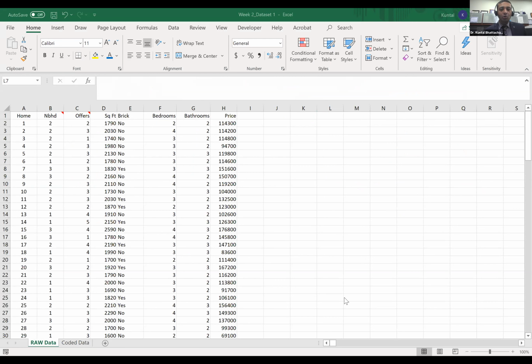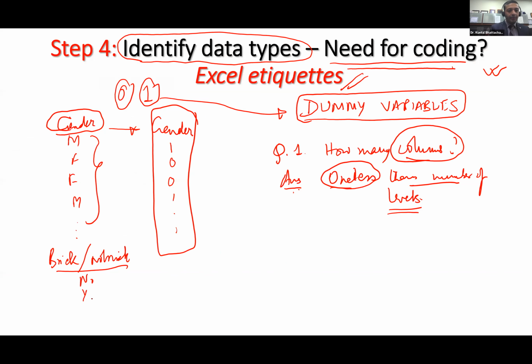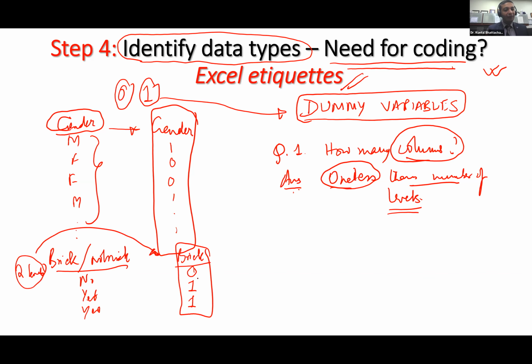So when you go to the no versus yes, and imagine that this is how your data set is set up. Let's say we are defining this house as a brick house using non-brick as a reference. Okay, so if it is no, then it is 0. If it is yes, it is 1. If it is yes, it is 1, and so on and so forth. Again, this had 2 levels. You convert them all into a single column of data, of numeric data in terms of zeros and ones.